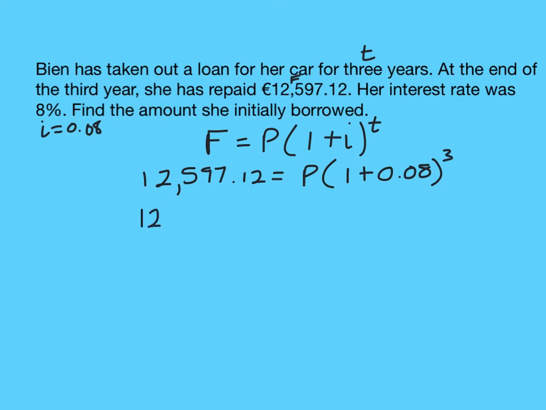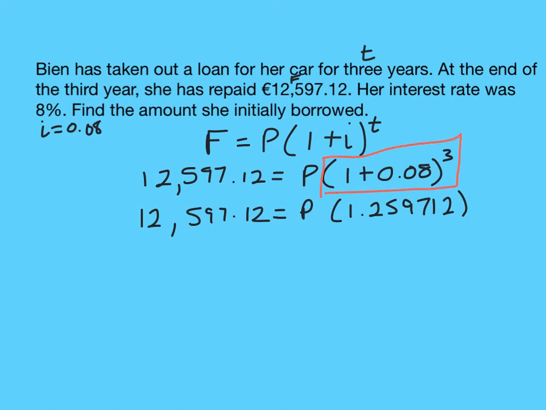Now if I simplify that, rather than add these two together and get 1.08, I'm just going to put them in brackets in my calculator. 1 plus 0.08, close my bracket, and then put it to the power of 3. And what I'll get here is 1.259712. All I did was put this whole thing into my calculator, including brackets.